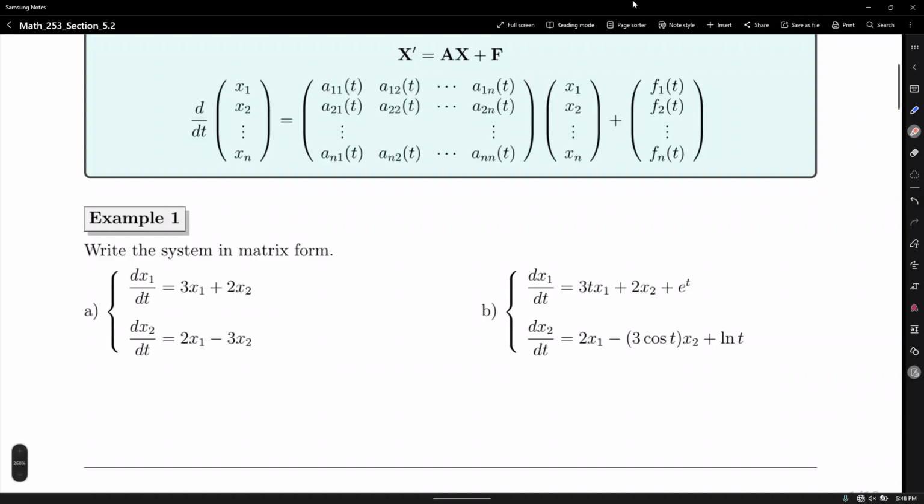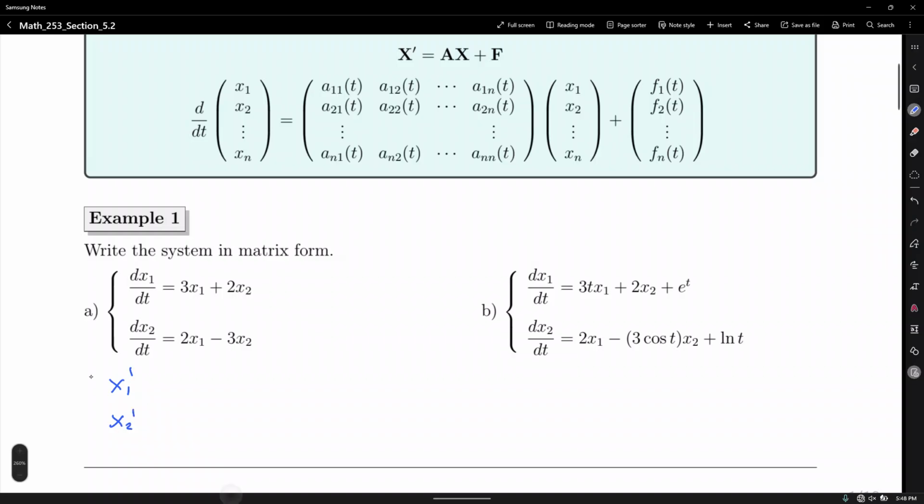Okay, so I'm going to leave the general form of a system of equations here at the top, so that's going to help us rewrite the system. So all derivative terms are going to go in a column matrix. That is, let me call this x1 prime, x2 prime.